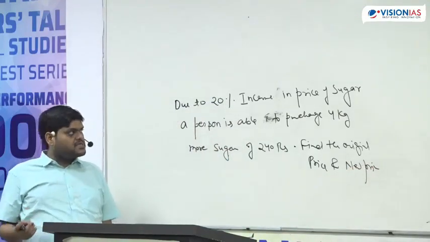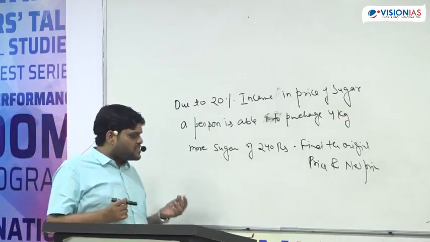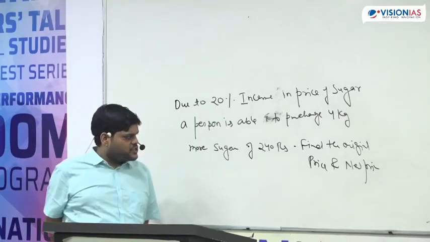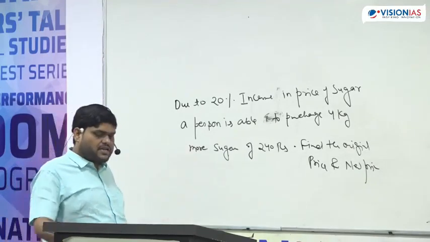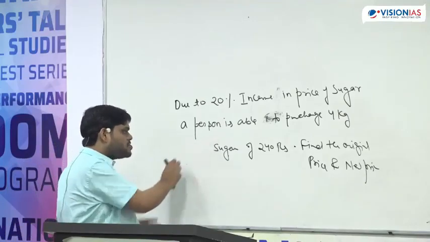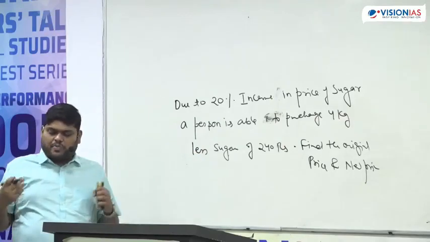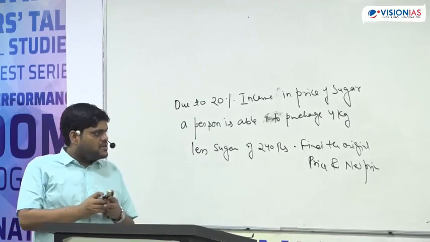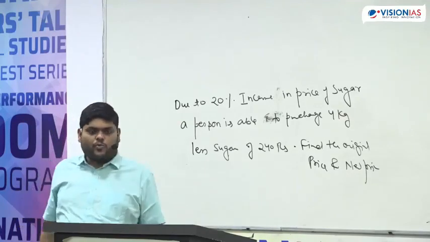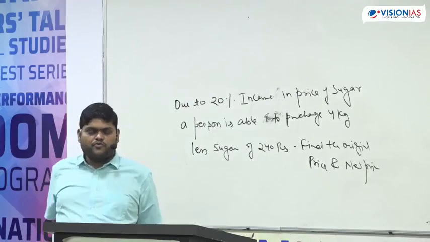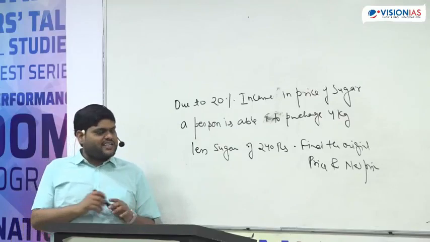Due to 20% increase in the price of sugar, a person is able to purchase 4 kg less sugar. 20% increase, this should be less, because when price increases, now the person is able to purchase less sugar of 240 rupees. Find the original price and new price of sugar. Try to understand the question first.